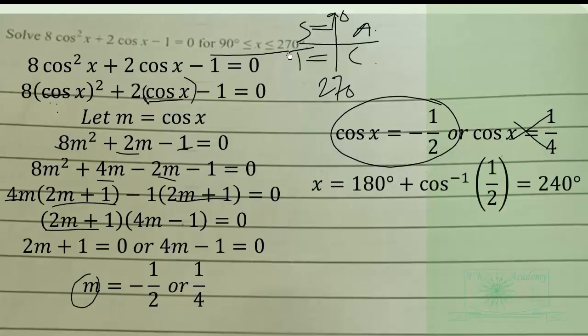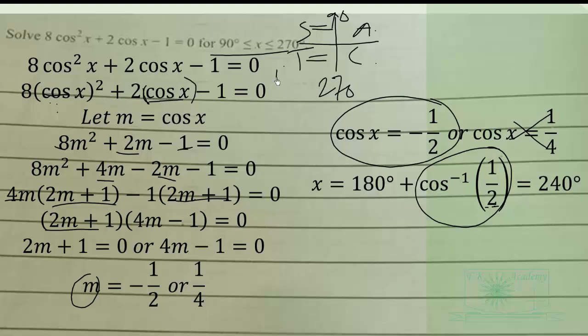So x will be equal to 180 plus cos inverse of half. Half is the principal value. So the principal angle will be cos inverse of half. That is the acute angle. Then we take it to the third quadrant, which is 180 plus the principal angle.